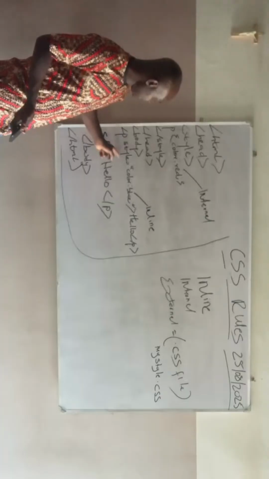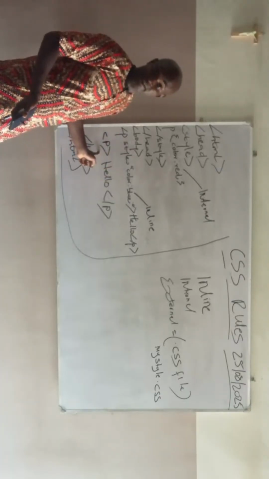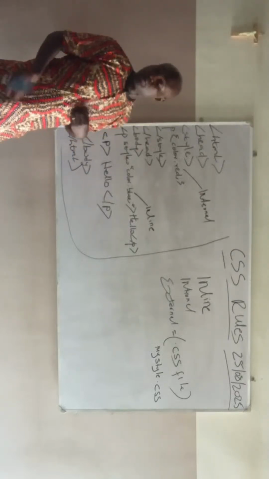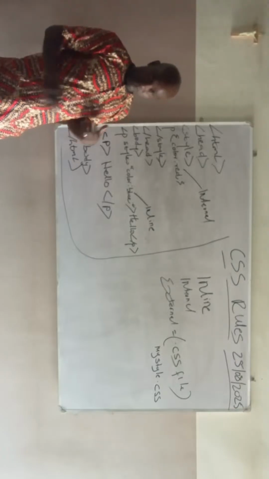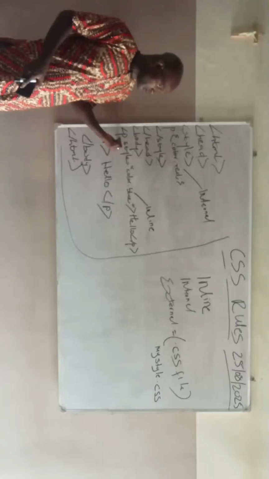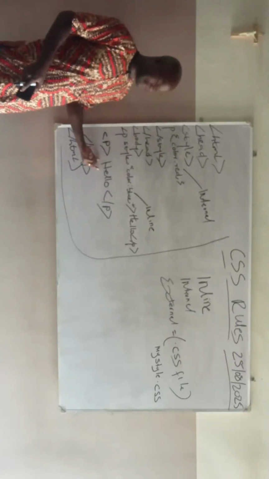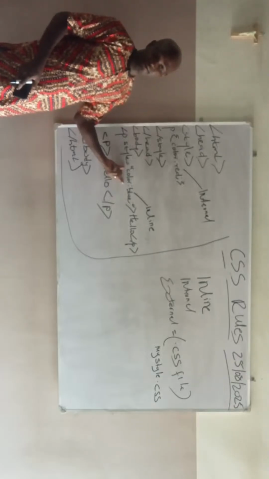I cannot declare inline here and affect this one there. No. You understand? I cannot eat food and have it digested in your stomach. Does it work? No. So since this is inside this tag, it should not affect another one. So this is a kind of ID here.